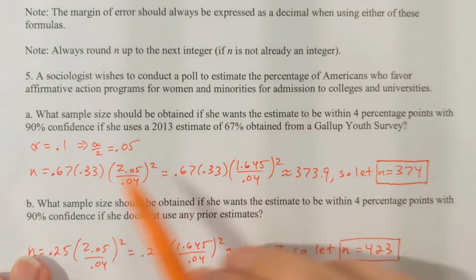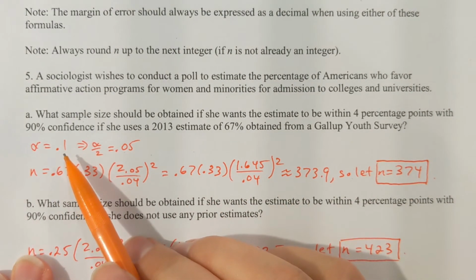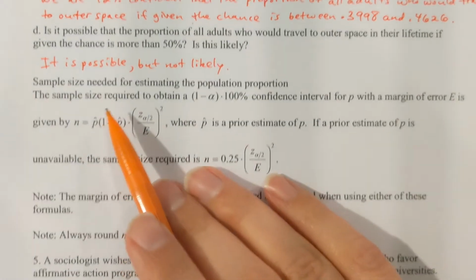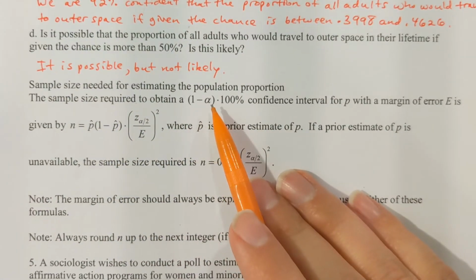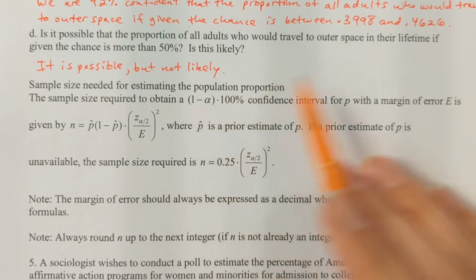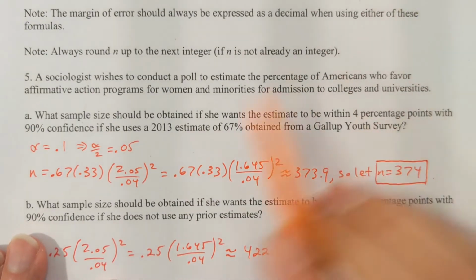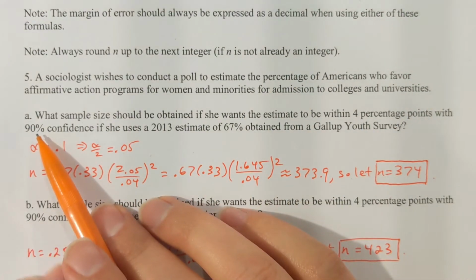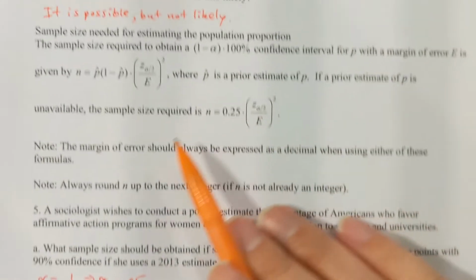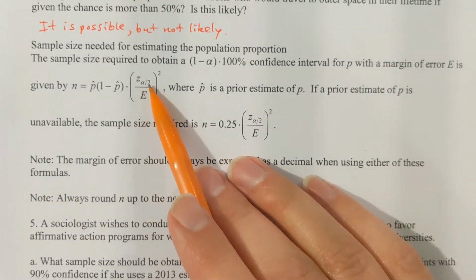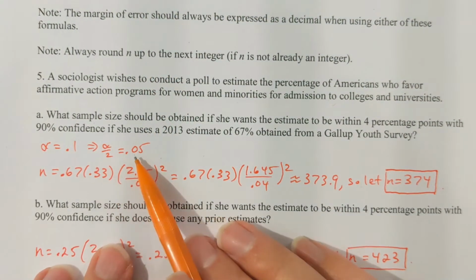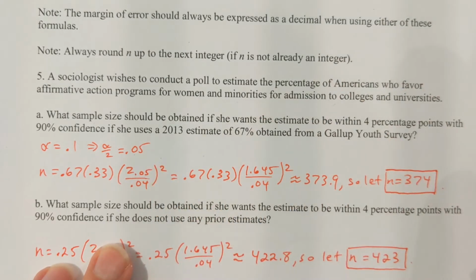Let's see. Alpha would be 0.1, since 1 minus 0.1 is 0.9, and 0.9 times 100% is the 90% level that she is desiring here. Okay, now in the formula, alpha divided by 2, 0.1 divided by 2 would be 0.05.